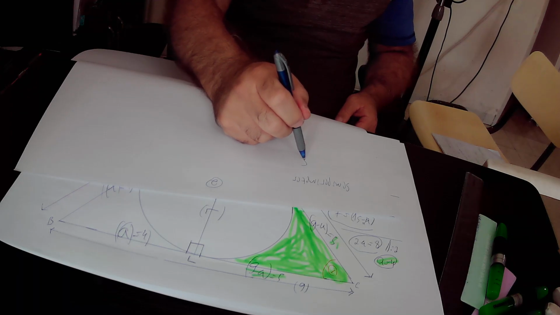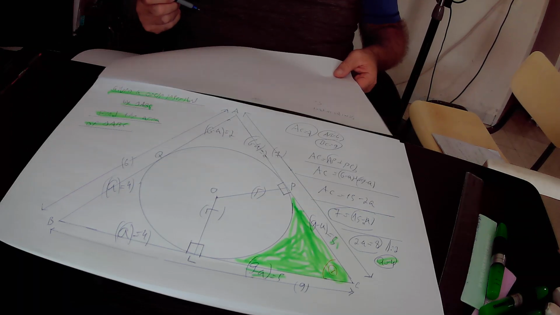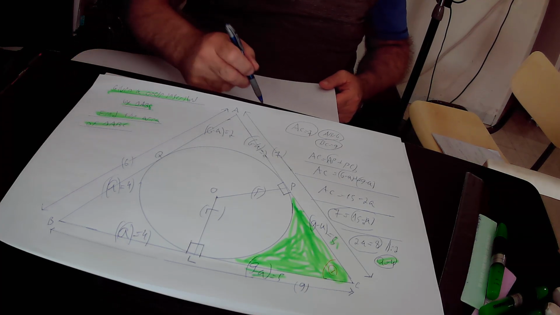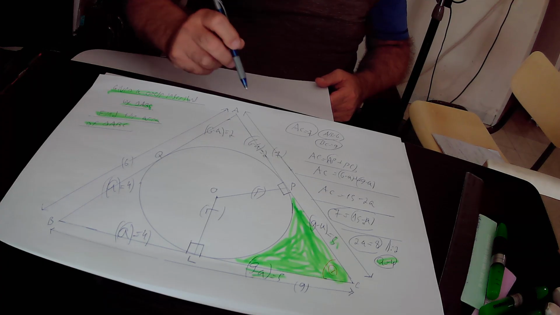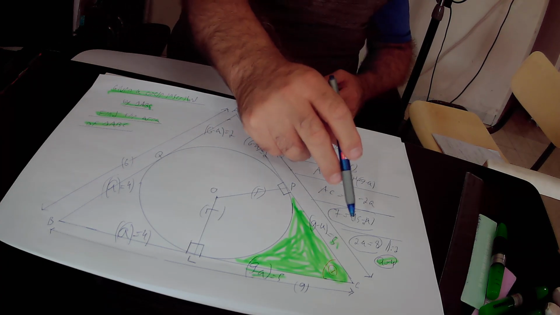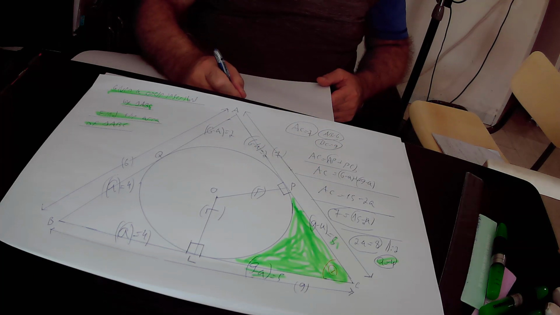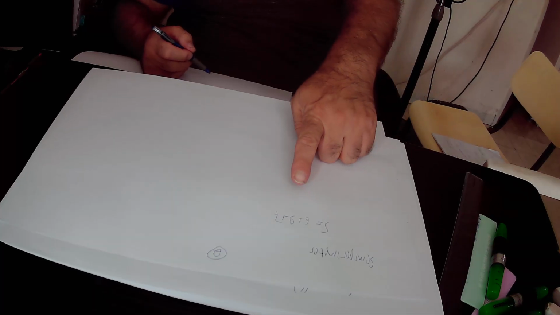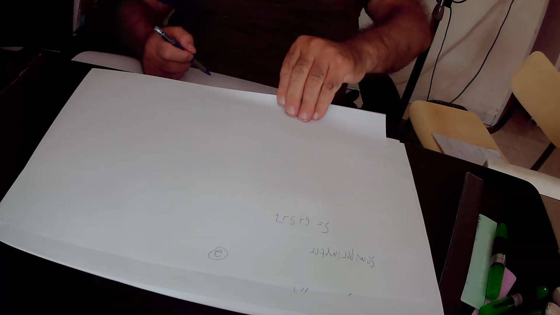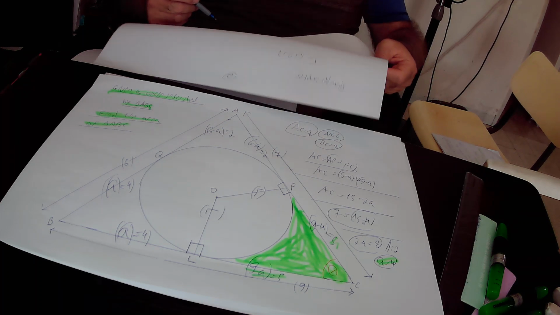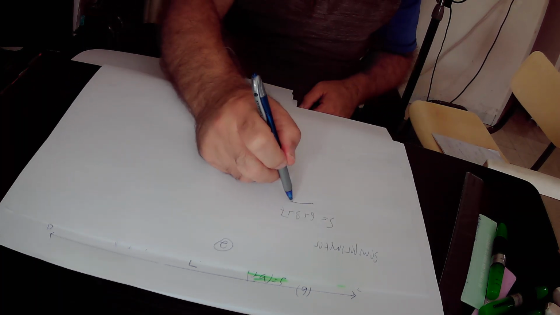So S equals AB, that is 6, plus BC, that is 9, plus CA, that is 7. 6 plus 9 plus 7 is the perimeter of this triangle ABC, and the semi-perimeter is the perimeter over 2.